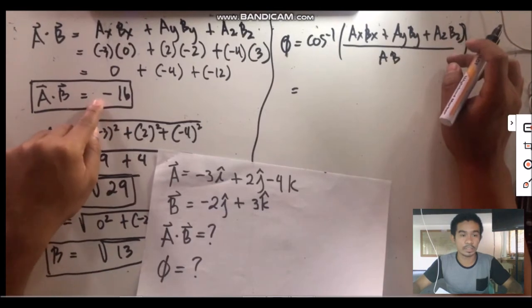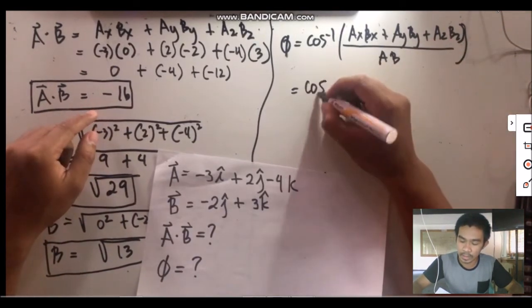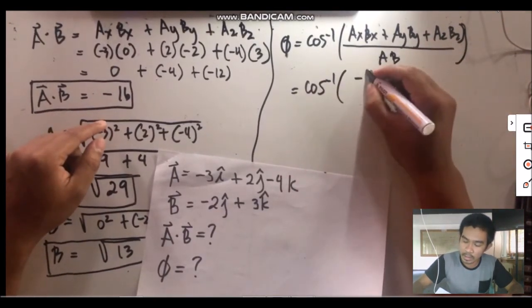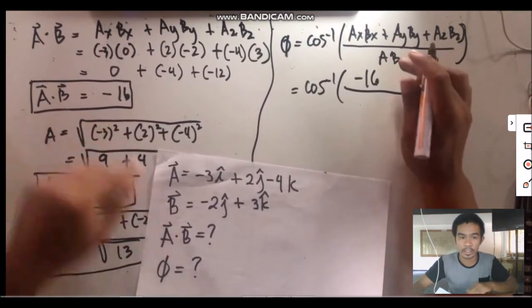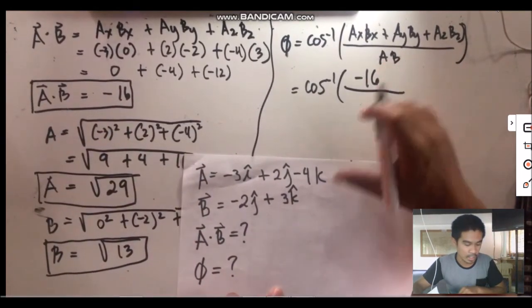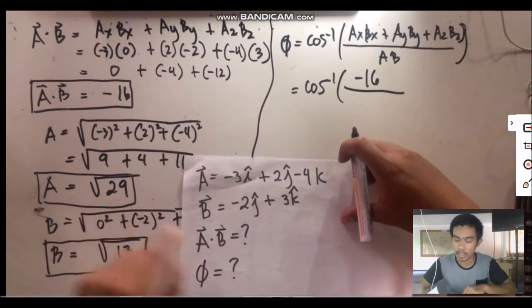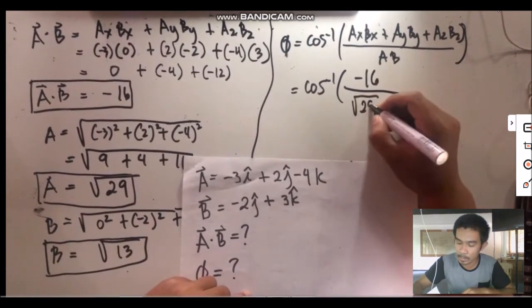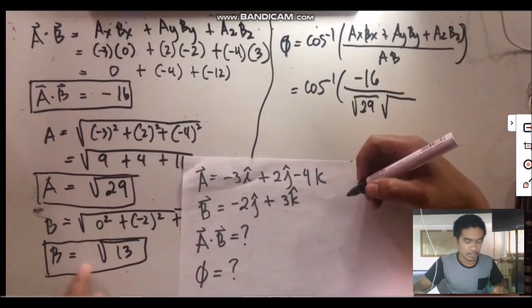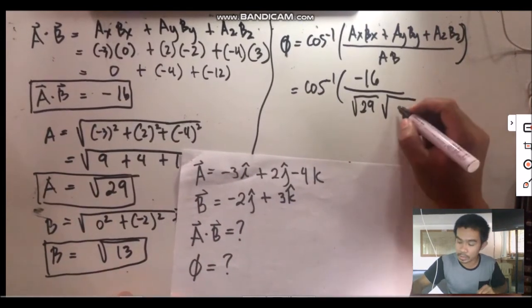That is negative 16. So that's the inverse cosine of negative 16 all over the magnitude of vector A, which is square root of 29, and the magnitude of vector B, which is square root of 13.